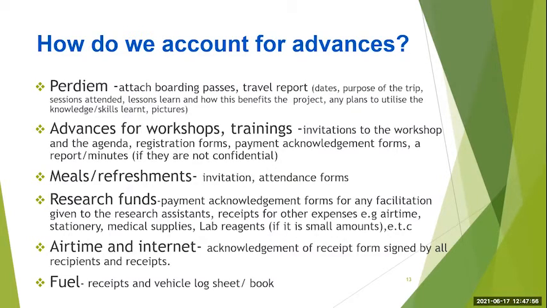Then we also have advances for workshops and trainings. So when one is accounting for these, they have to attach invitations to the workshop, the agenda, the registration forms, payment acknowledgement forms in case there were allowances or facilitation paid to the participants, a report or minutes of that training if they are not confidential.